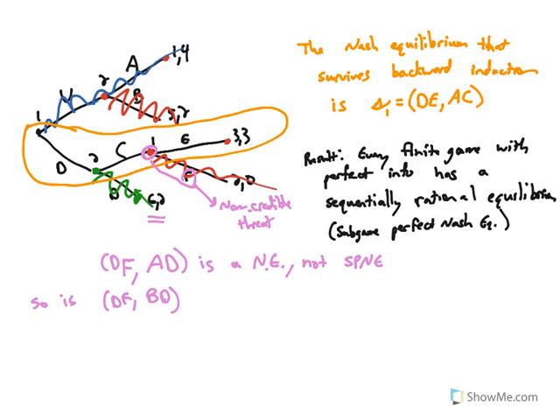So player 1 choosing strategy DF and player 2 playing AD or BD are both Nash equilibria. So if we wrote out the game in strategic form, this would be a 4x4 game. There would be 16 cells, right? We found just by looking at this, without even putting it into the strategic form, without even putting the matrix, we already found 2 other Nash equilibria, pure strategy equilibria, that are not subgame perfect.